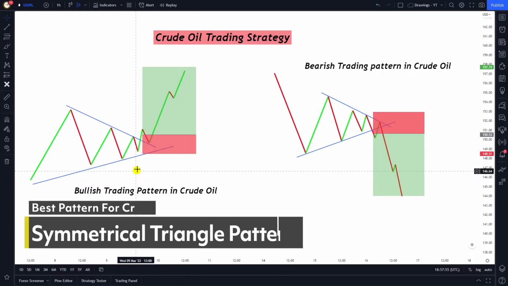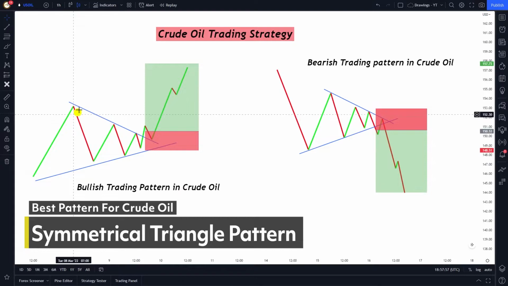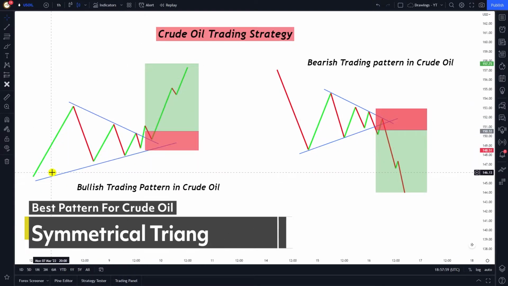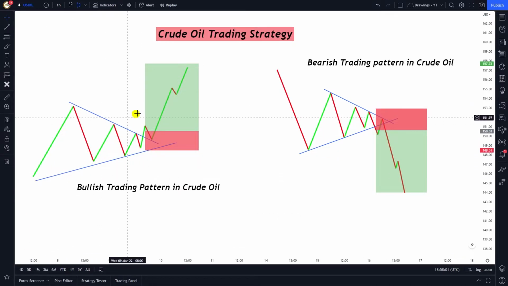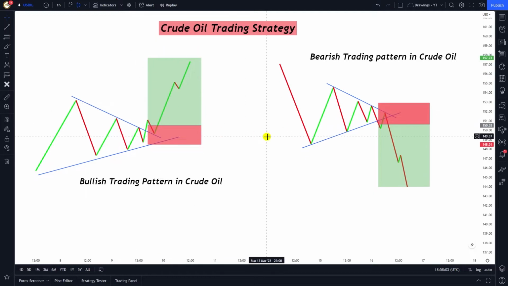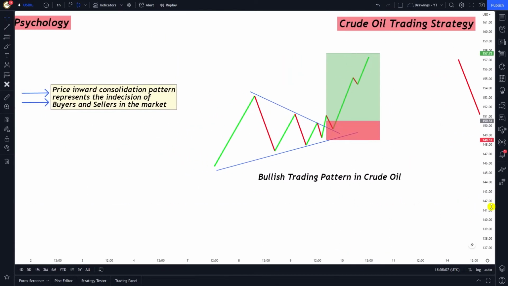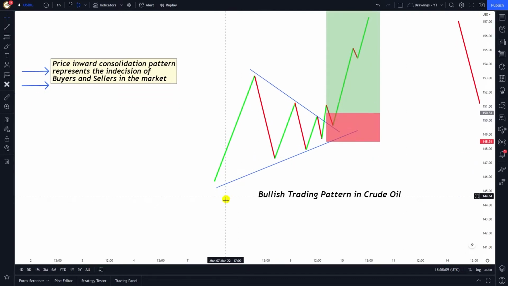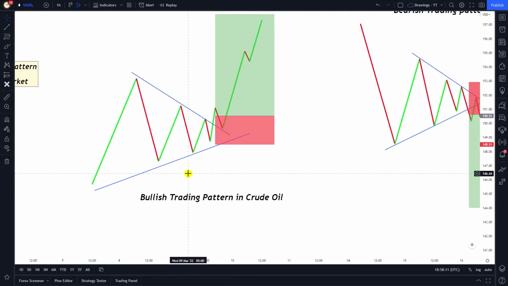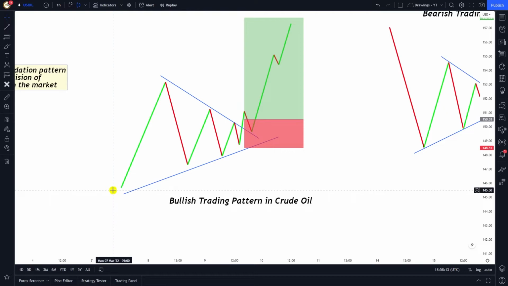So in this video, we're going to discuss the triangle pattern, and this pattern works very well on the crude oil charts. First, let's discuss what the triangle pattern is. As the name suggests, the triangle pattern forms when the market is making a structure in which every next swing is smaller than the previous swing.